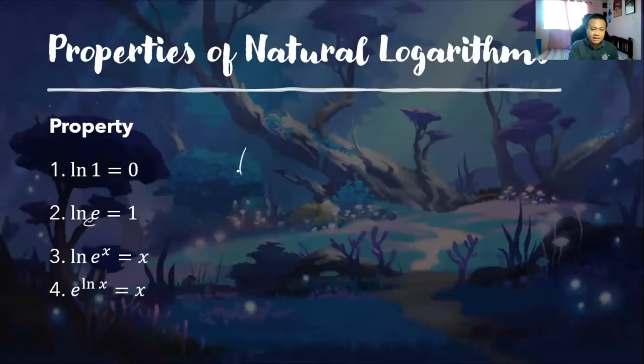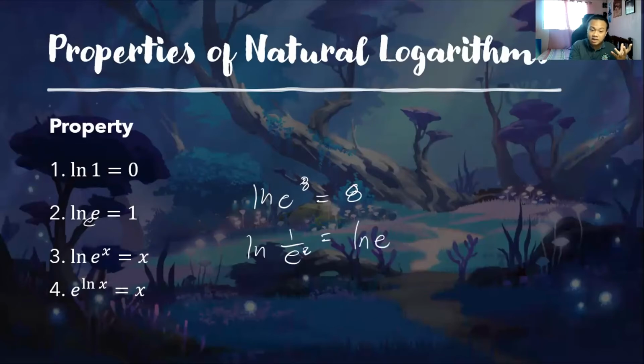So examples of that, butang ta lang ln of e to the 8, di ba? So you can expect that the answer is 8, di ba? Kung ln 1 over e squared, pwede nimo siyang kuhaon ang exponent, no?